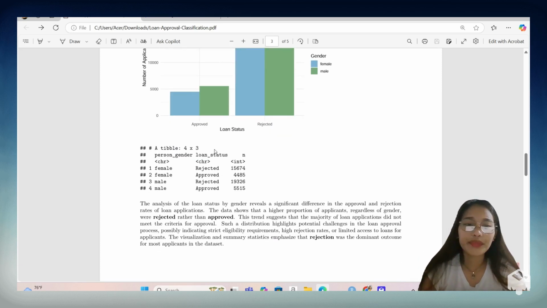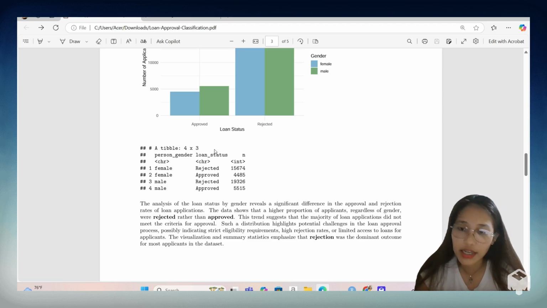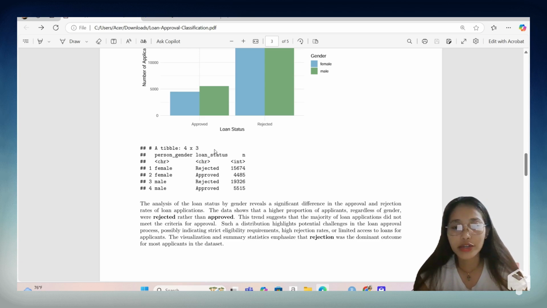Our analysis of loan status by gender shows that most loan applications were rejected no matter the applicant's gender. This means that more people didn't meet the approval criteria than those who did.